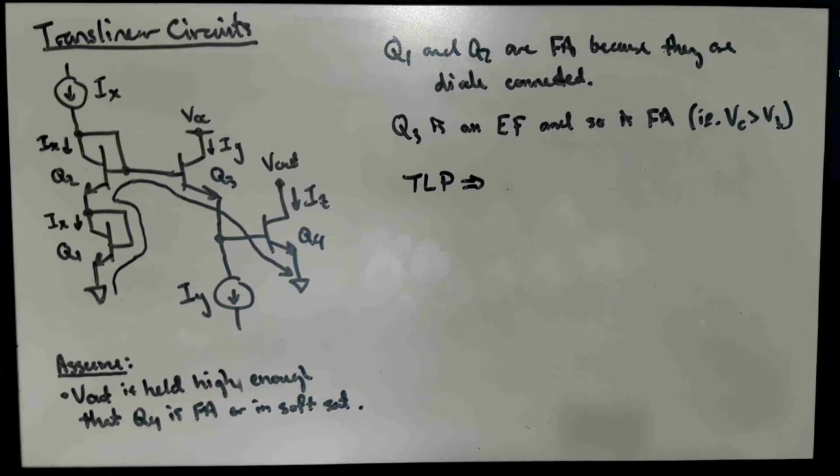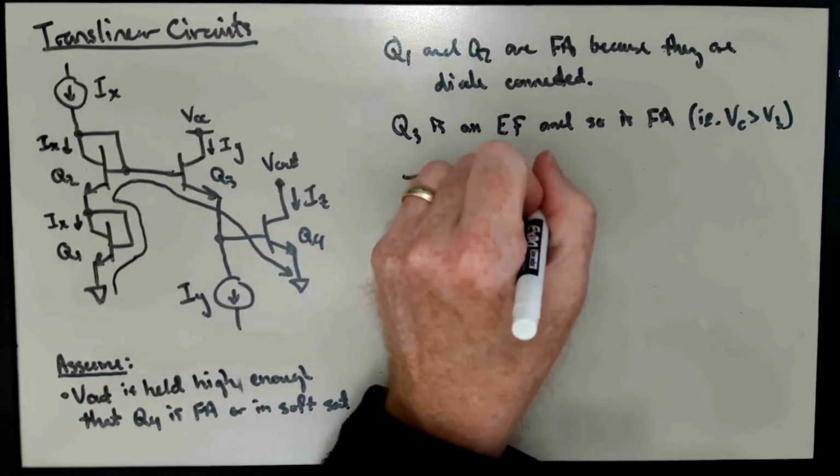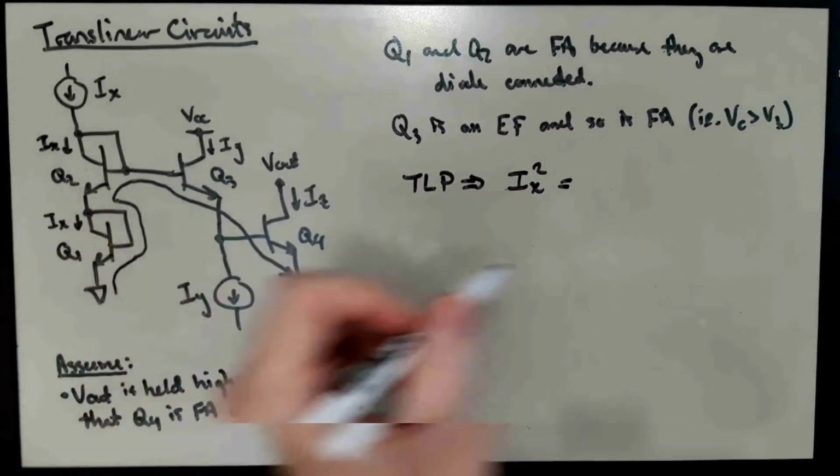And so we know the collector currents now, so the translinear principle says the product of IX times IX, or IX squared, is equal to the product of IY times IZ.